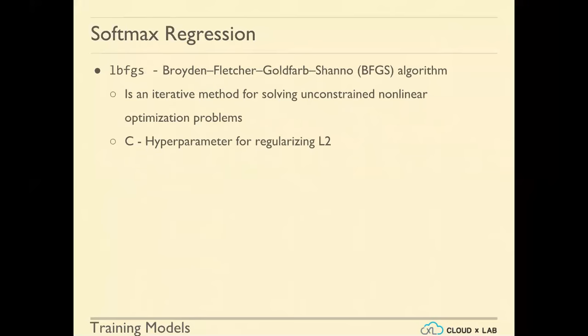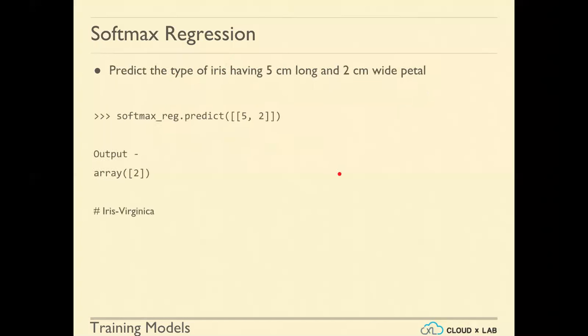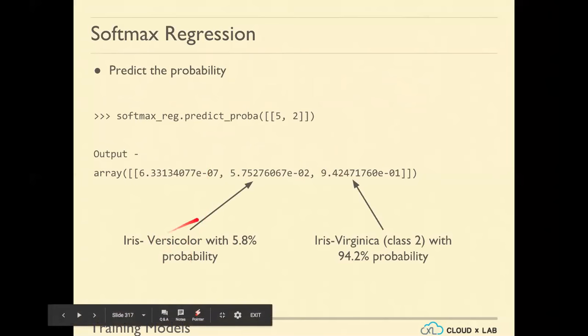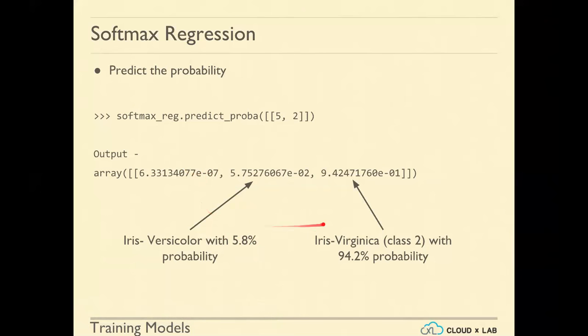The L-BFGS solver, an alternative method for solving unconstrained nonlinear optimization problems, is named after four researchers; L stands for limited memory and BFGS for their names. So it's giving us the probability of virginica as the highest, while the probability of versicolor is 5.8%, while this one is really small.